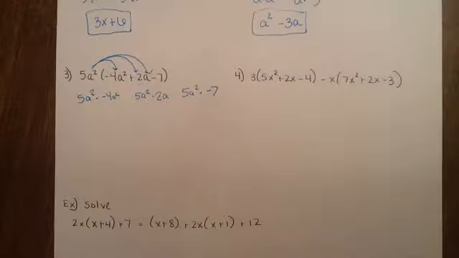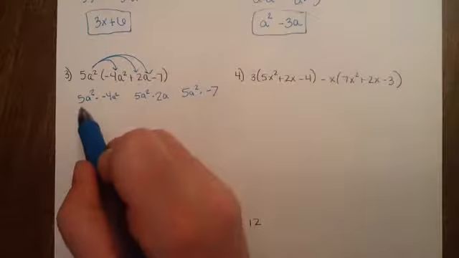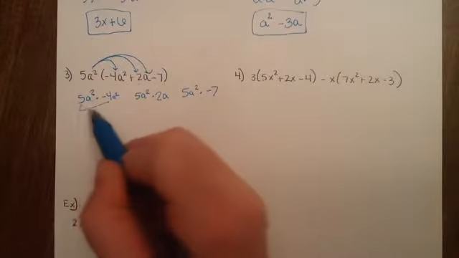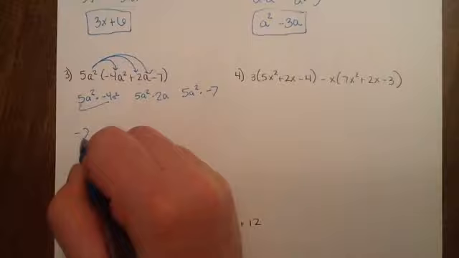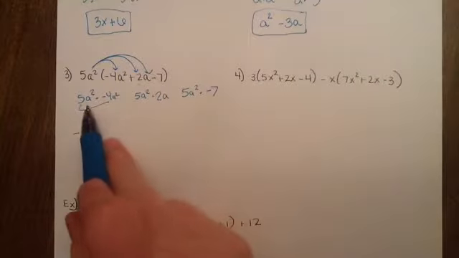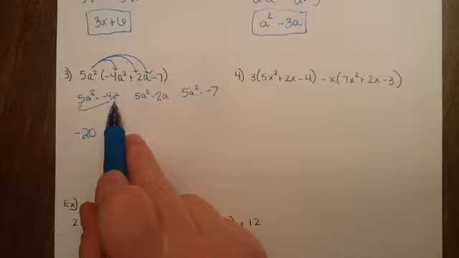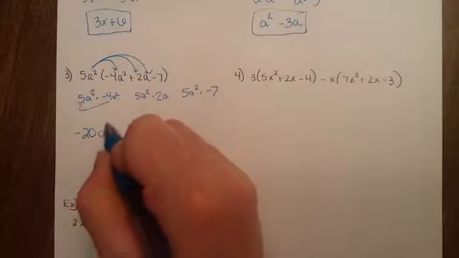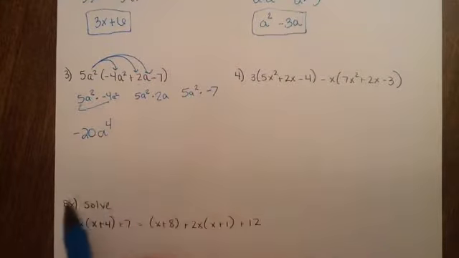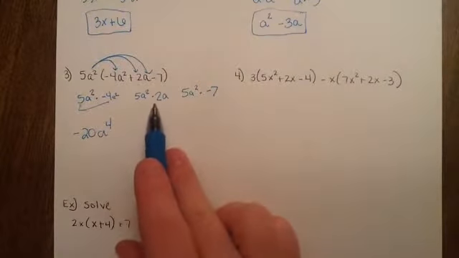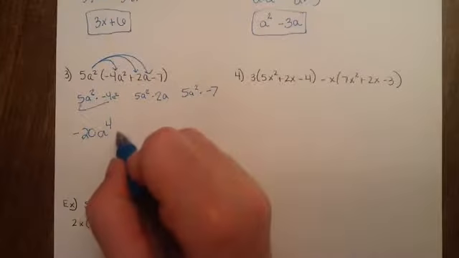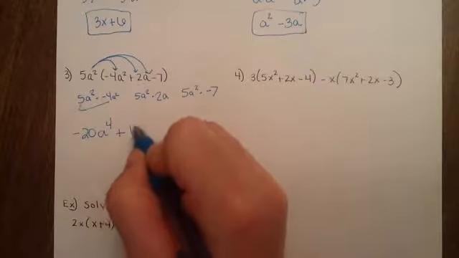Now we have to start multiplying these. And when we multiply, we learned we multiply the numbers. So 5 times negative 4, negative 20. And what do we do with these exponents? A squared times a squared. We add them. Here, 5 times 2 is positive 10.